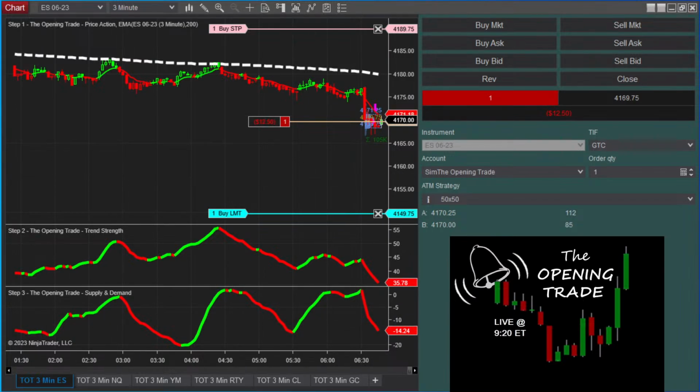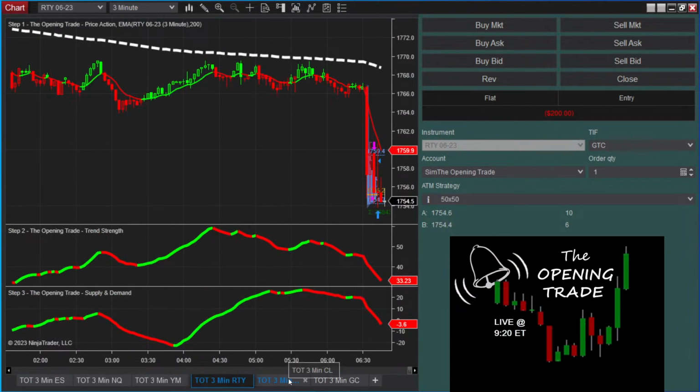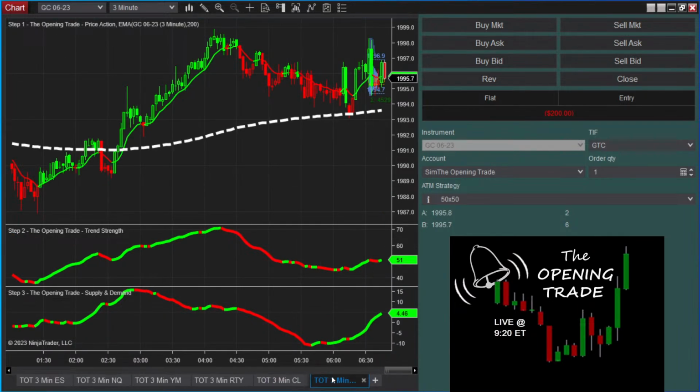So we're still in our automated trade in the S&P 500. Let's look through these charts. NASDAQ, Dow, Russell, crude, and gold.